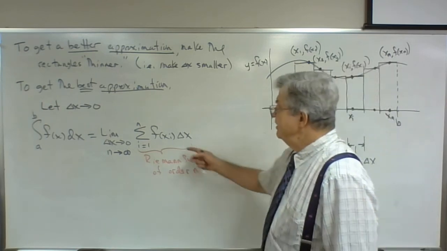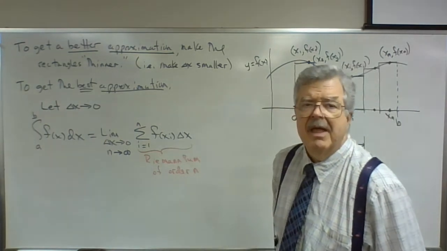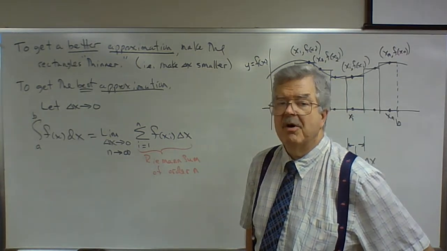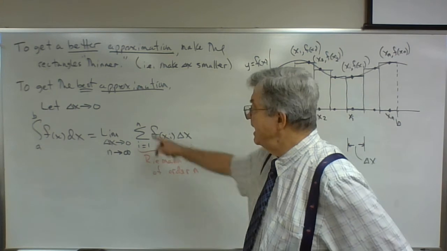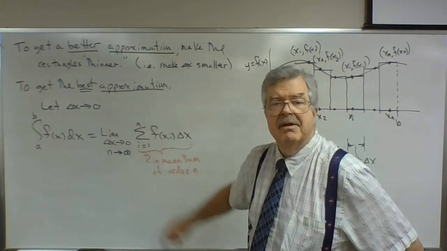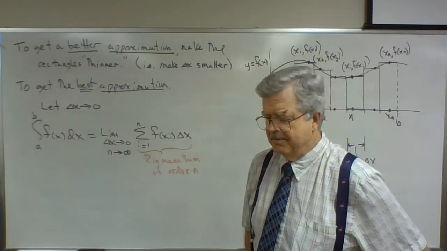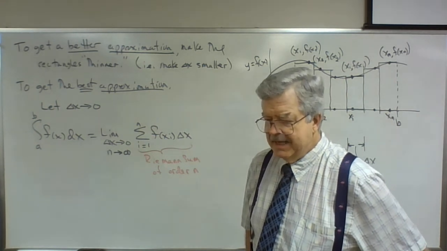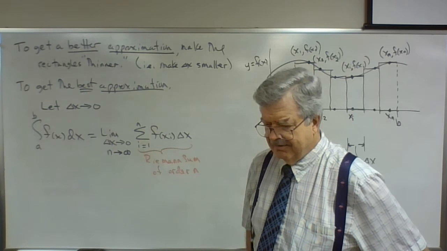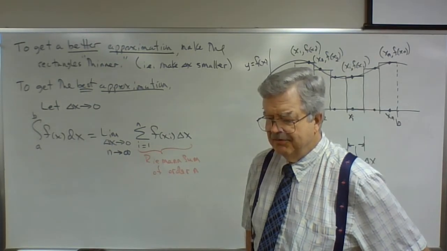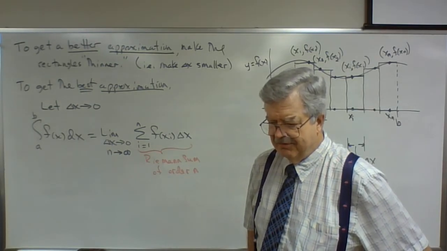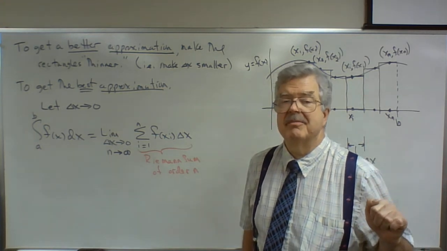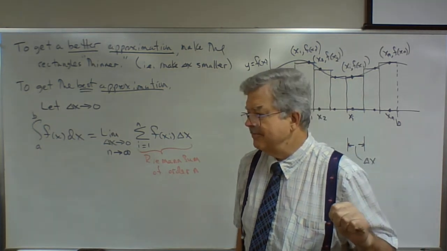Just make one of these Riemann sums and make delta x smaller and smaller, and make n correspondingly larger. Now we can't do successive approximations and just say, we'll quit when two successive approximations differ by such and such.